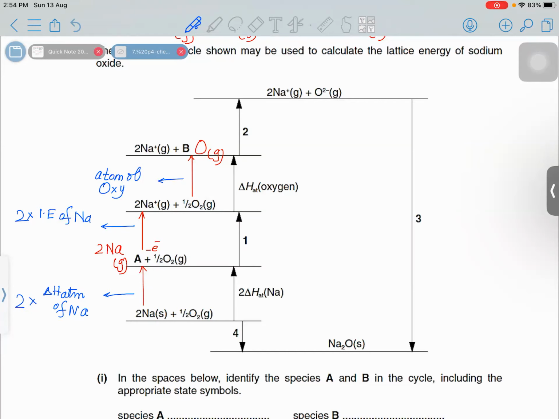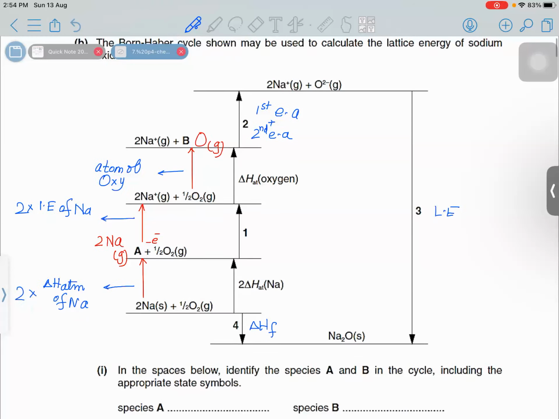So 2 is the first electron affinity plus the second electron affinity. 3 is lattice energy. 4 is formation, right? Now move to the question.